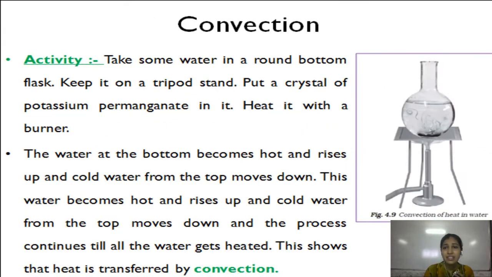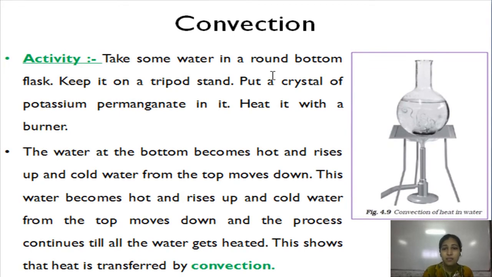We will study the process of convection by the activity. Take some water in a round bottom flask and put it on a tripod stand and put a crystal of potassium permanganate in it. Heat it with the burner.